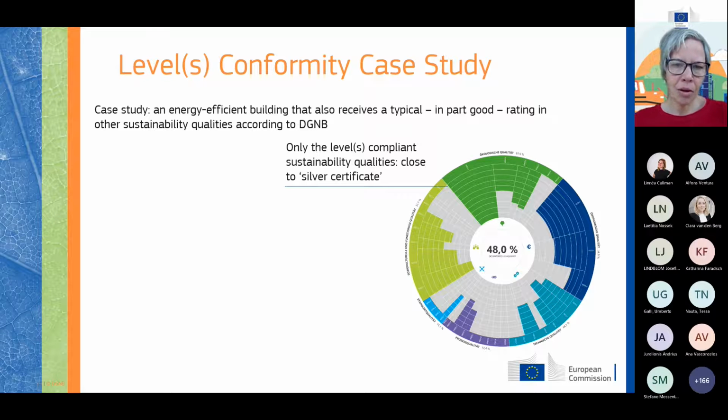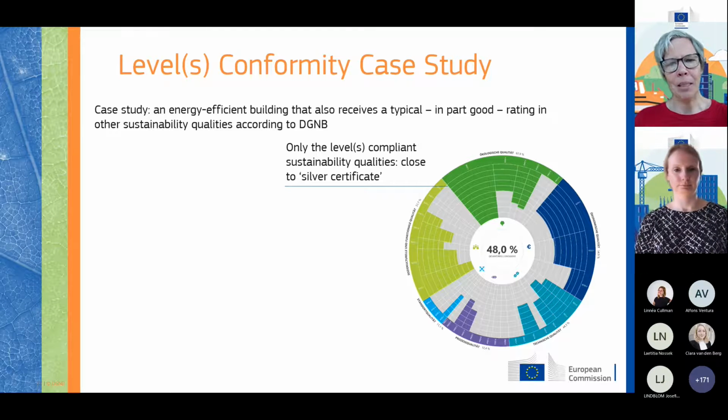If you come with a new building that provides Levels-compliant reporting, and it is a good building, you already get half of the points in the DGNB scheme.